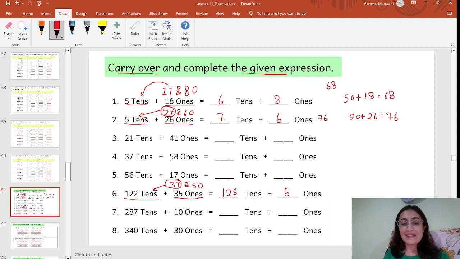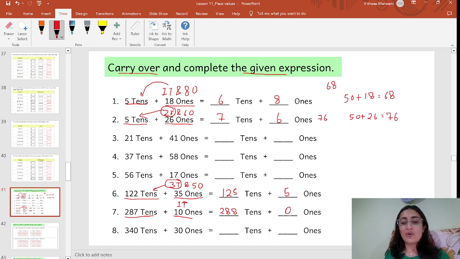Good. Now let's come to the 7th example. Here we have 287 tens and 10 ones. Now this is so interesting, right? Because 10 ones is equal to 1 tens. This 1 tens will be shifted here with the other tens, thus making my total number of tens as 288. And we have nothing left at the ones place. So how many ones do we have?